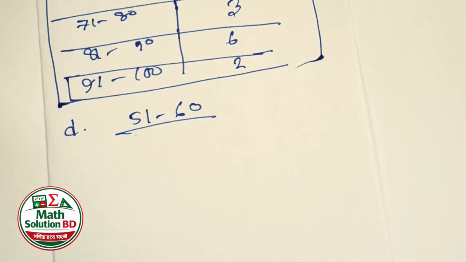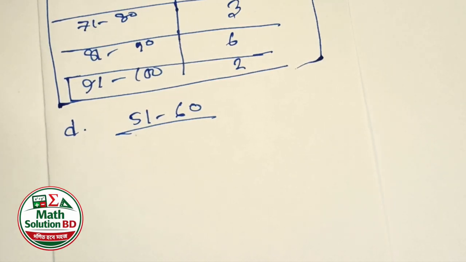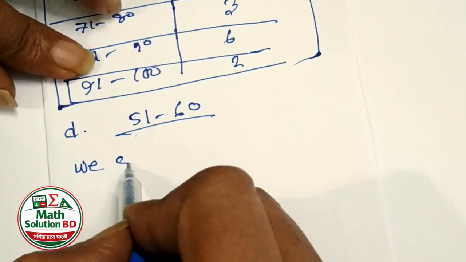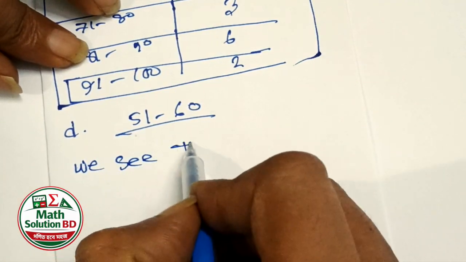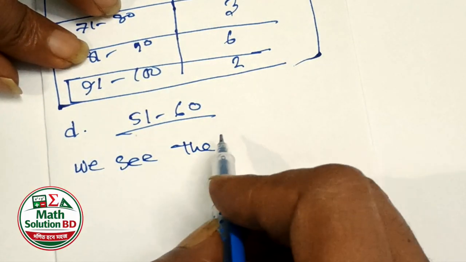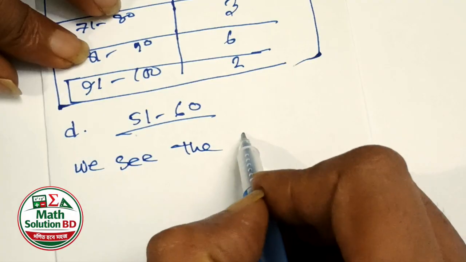In this chart, for 51 to 60, we see 5 students. Okay. That means we see in the histogram.